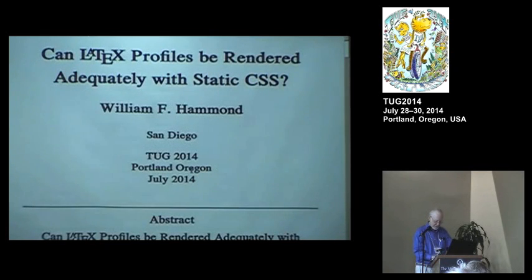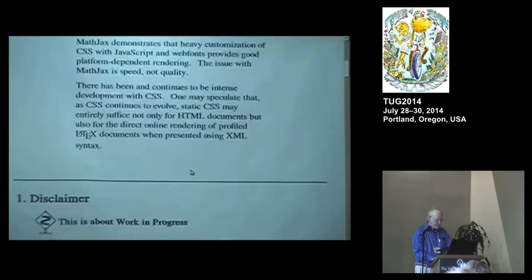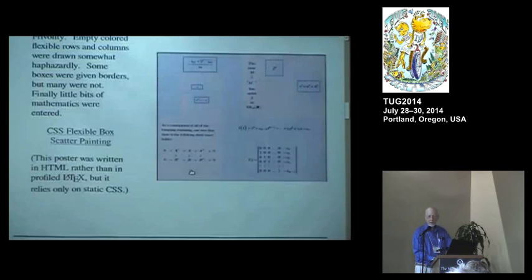Latin Modern is based on Computer Modern. These are all Unicode fonts. So this is the GNU Free Font, a little bit darker than the Latin Modern, but I like the Latin Modern.